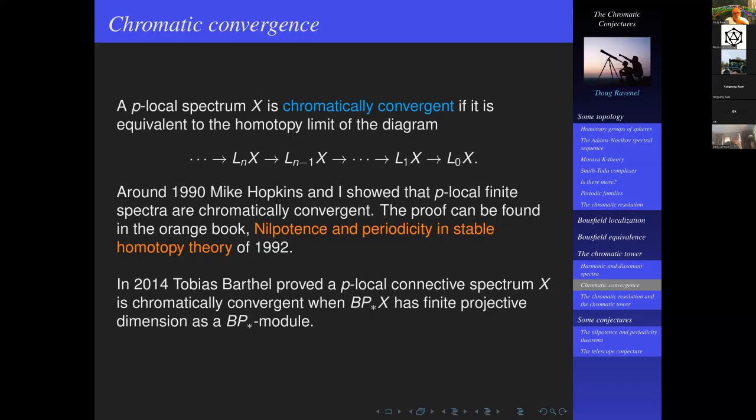In 2014, Tobias Barthel showed that a p-local connective spectrum X whose homology has finite projective dimension is also chromatically convergent. I showed that such a spectrum is harmonic. He proved the stronger theorem that it's chromatically convergent.